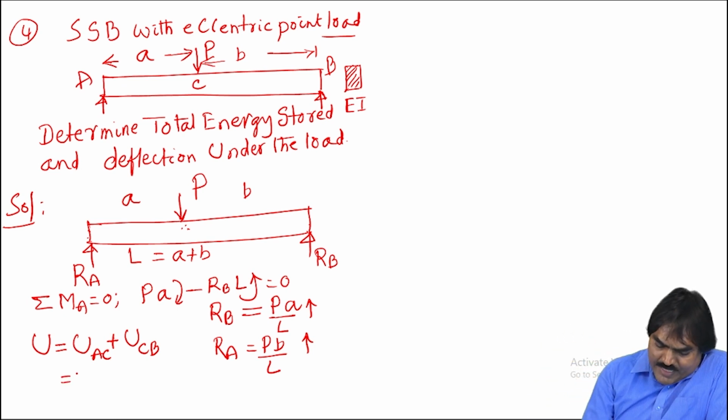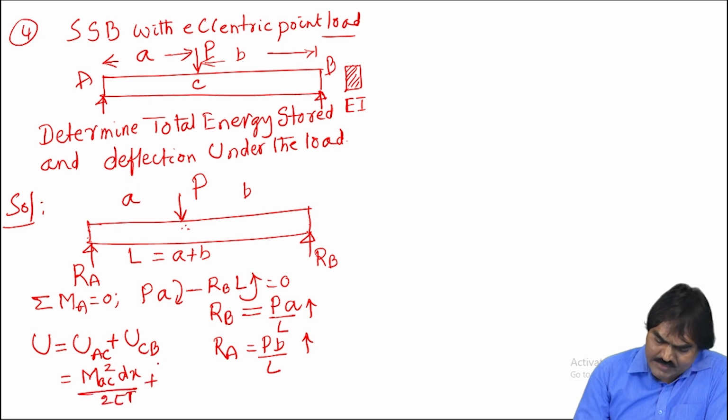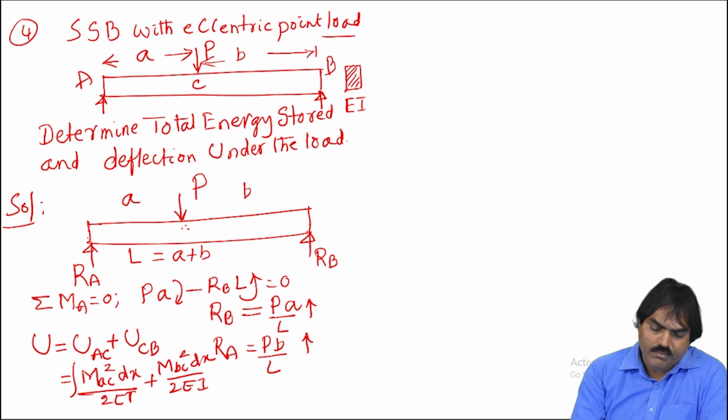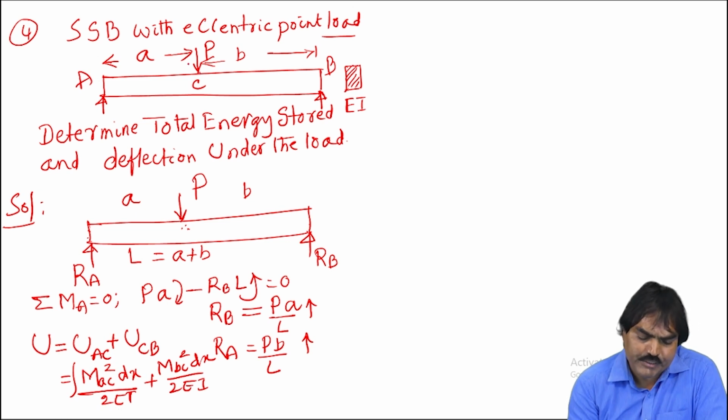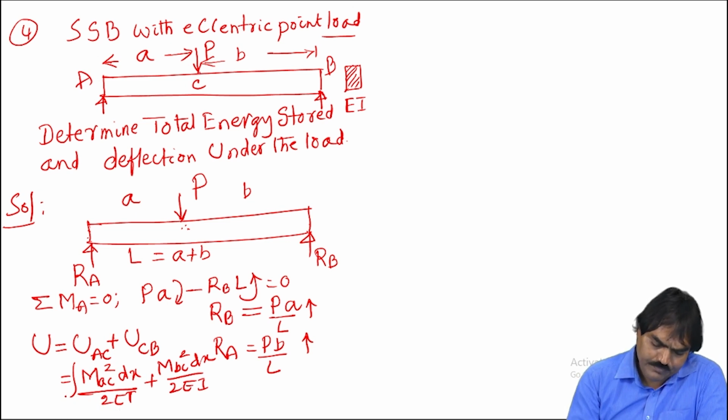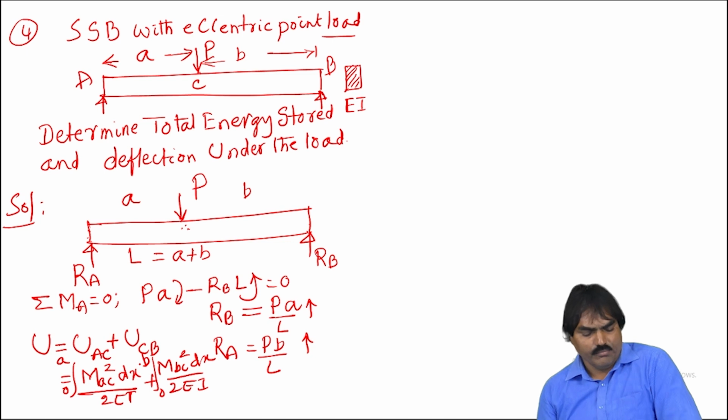So that is given, as a function of moment, by integral of MAC square dx by 2EI plus integral of MBC square dx by 2EI. Where from A to C, what is the limit of integration? 0 to A. Here the integration becomes 0 to B.